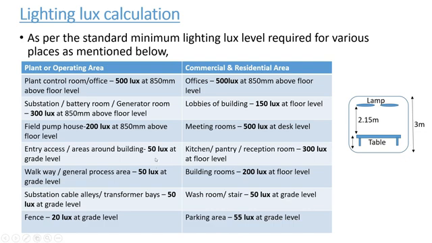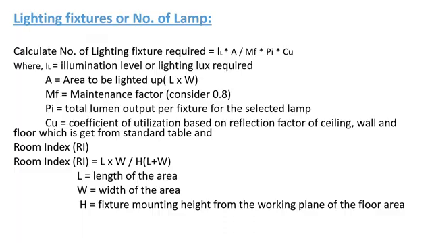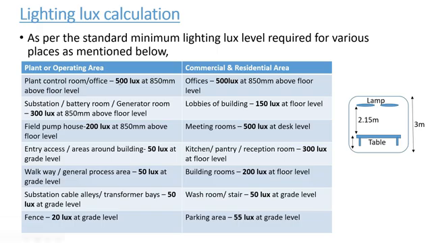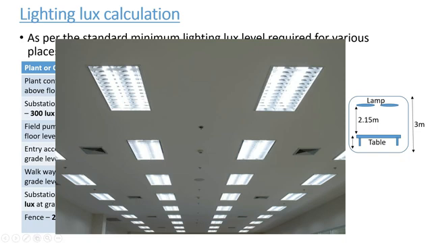So we need to meet our calculation to this particular lux level. That is our aim. The standard clearly gives how much lux level is required, for example the 500 lux level. But we don't know how many lamps I need to meet this 500 lux level in that particular room, to make the brightness.